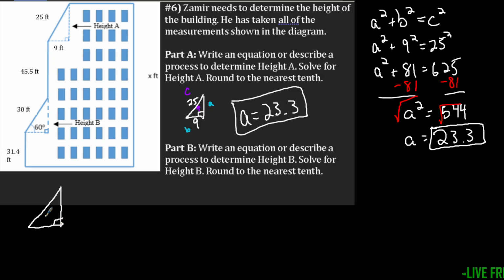Okay, there's my right triangle. I'm going to say 60 is my angle, and 30 feet is going to be my hypotenuse. And for height B, we can label that as x right there.